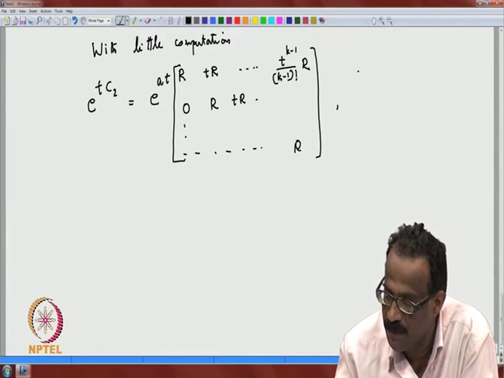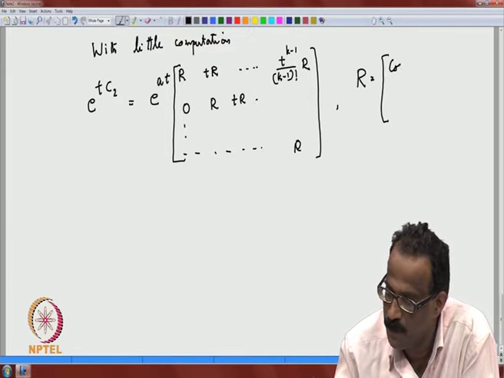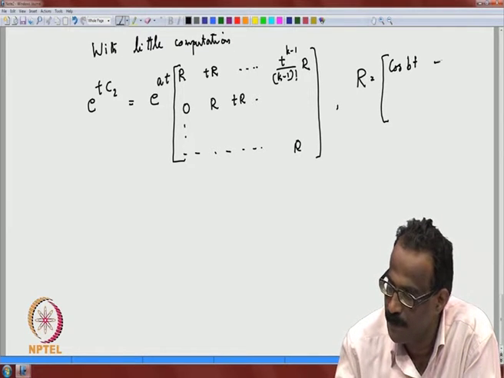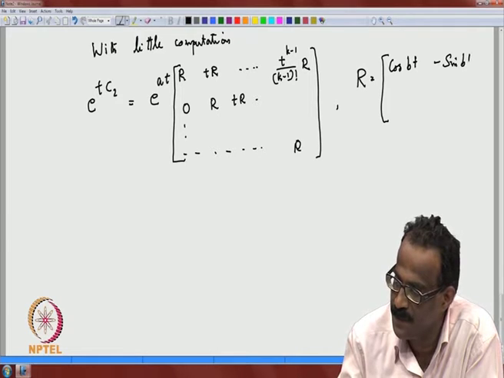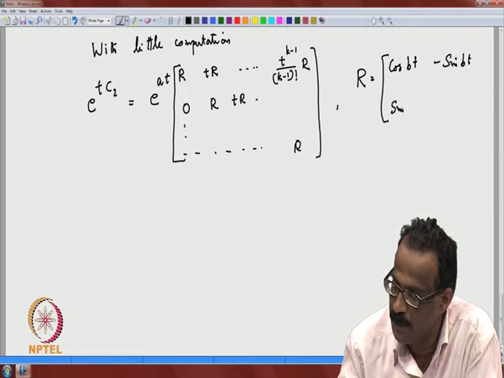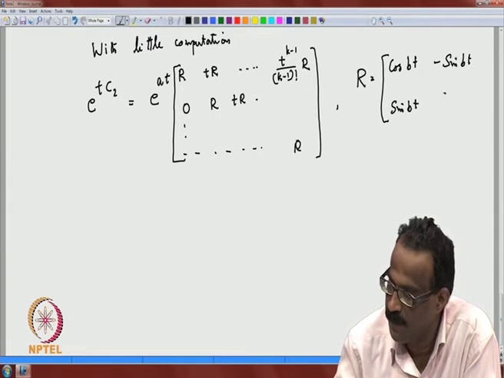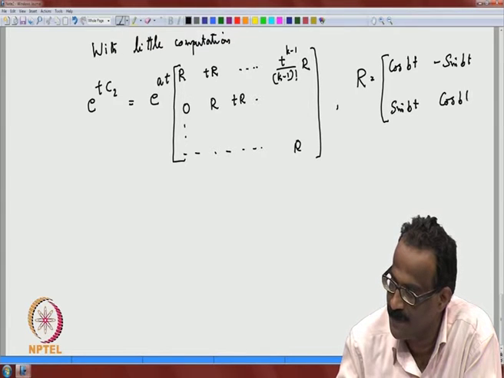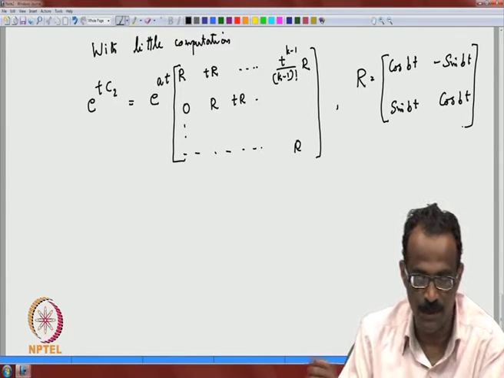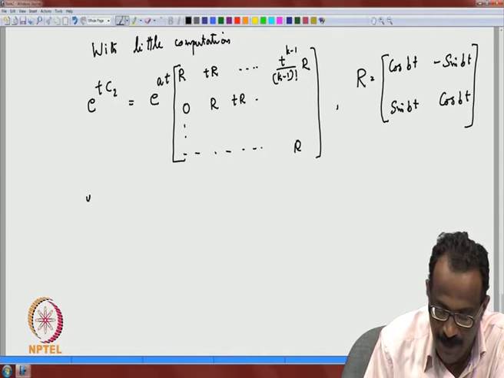And what is R? R will be of the form, the same formula, cos bt, minus sin bt. Only thing, you are not able to separate it. So again you have your solution y(t).